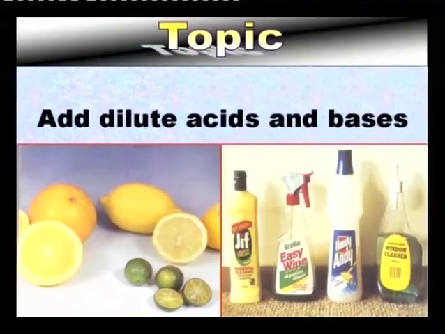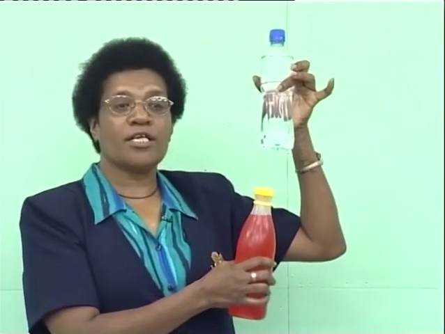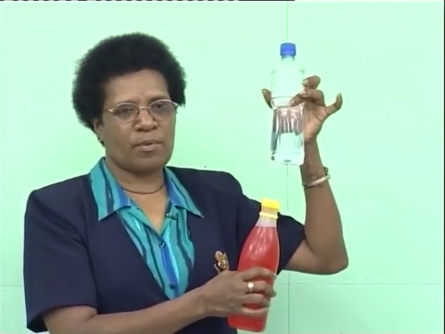Now that leads us to our topic for this lesson, which says dilute acids and bases. Now what we actually did, we added water to dilute the pure cordial, so it is suitable for drinking.